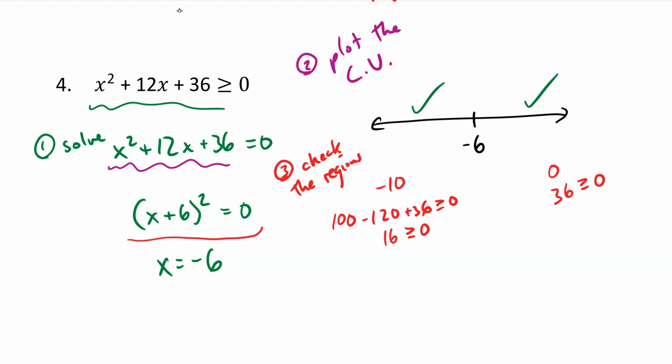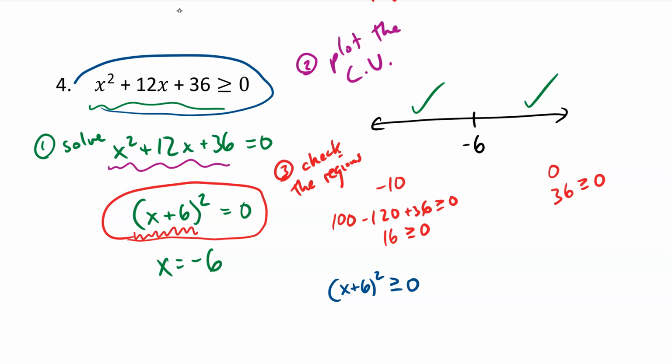From this statement, though, it's pretty clear this is always going to be greater than or equal to 0. And so if you look at that factored form, (x plus 6) squared is greater than or equal to 0. That's essentially what this initial inequality becomes if you factor it. That's always going to work. 0 is included because it's not a strict inequality.